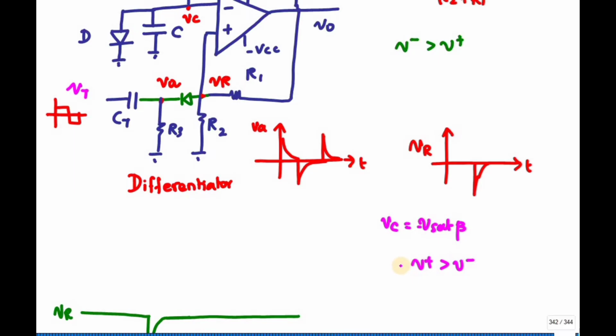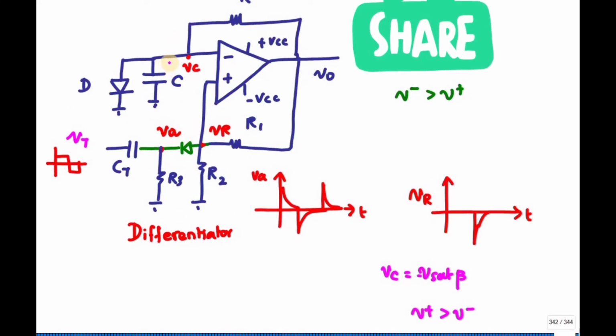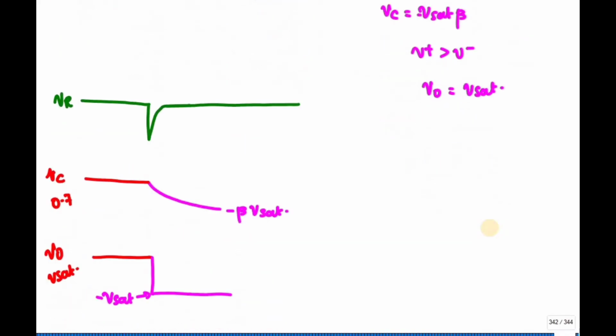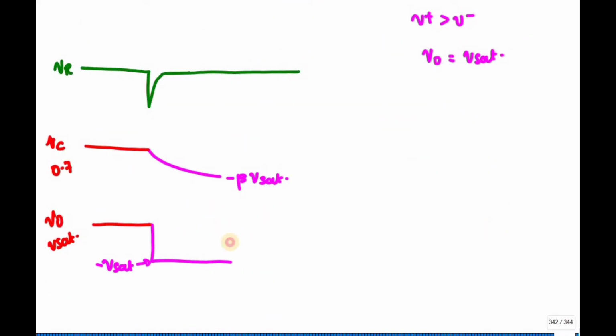Now the V plus value is greater than V minus, right? So at this point, it will go again to plus V saturation, right?